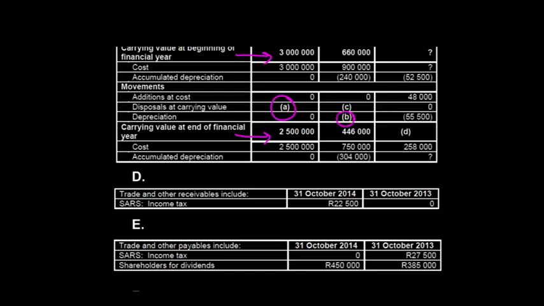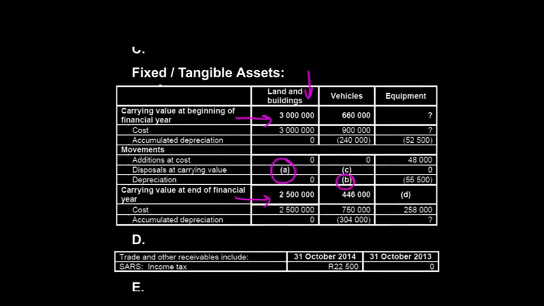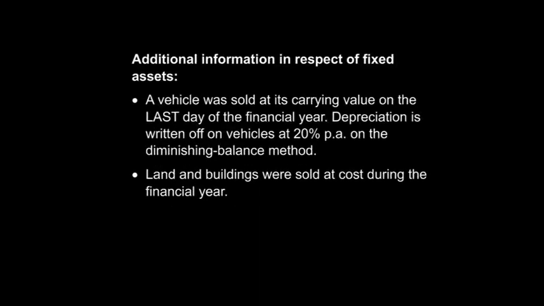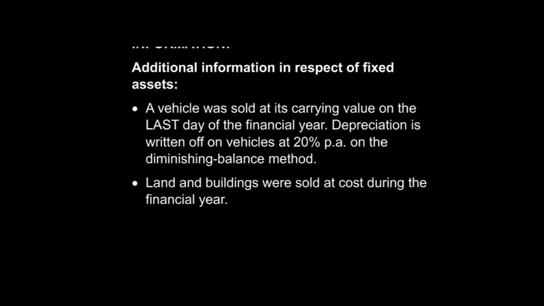My depreciation on my vehicles. Right. What do I know? What do I know in terms of my information? I know that a vehicle was sold at its carrying value on the last day of the financial year, right?